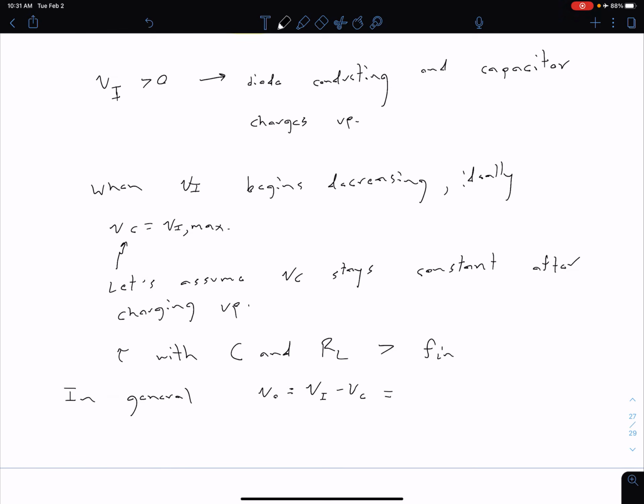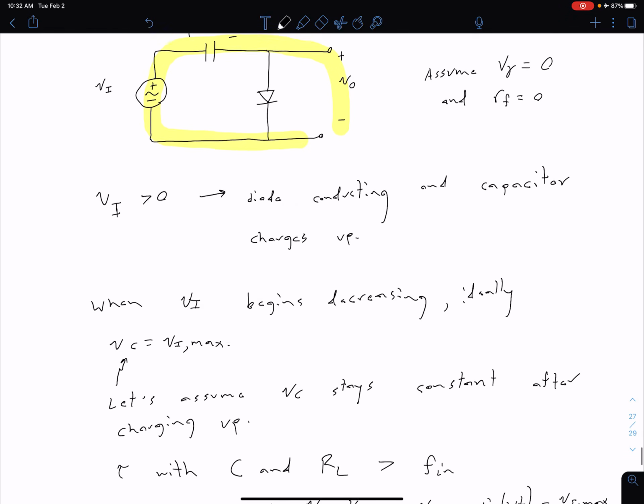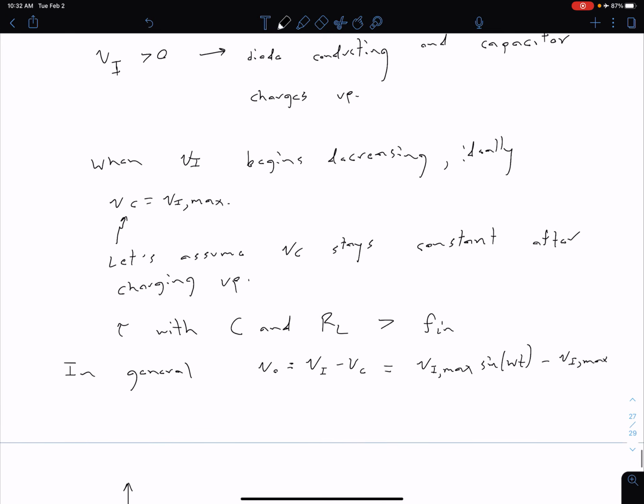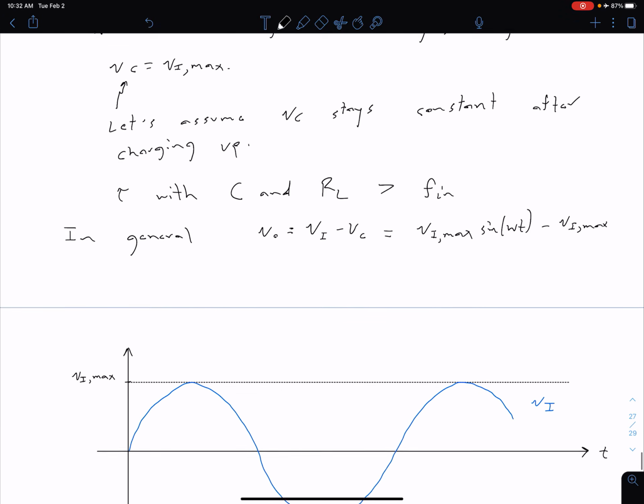To keep that where our Vc is already charged up, after that point we have Vi max times sine of omega t for our input voltage, and then minus our Vc, which is just staying constant at that Vi max. That's a little bit hard to follow just looking at words and the circuit diagram, so let's take a look at what this looks like graphically.